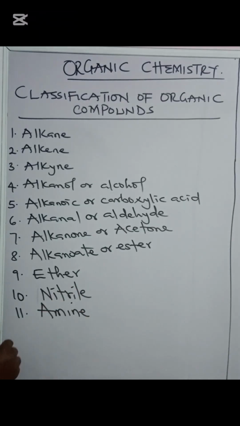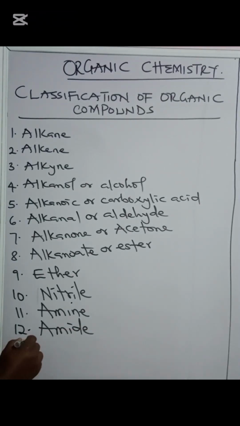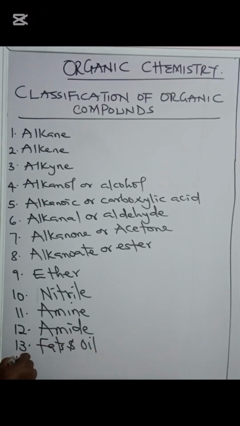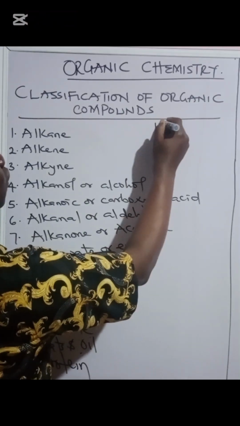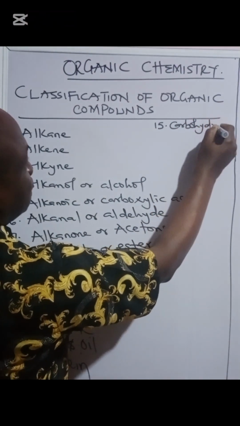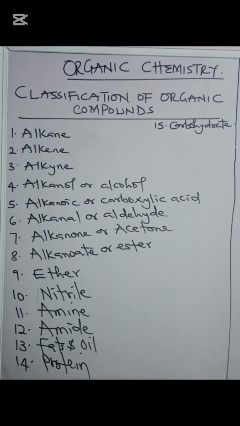We have amide. We have fat and oil. We have protein. And finally, we have carbohydrates. These are different classes of organic compounds we have.